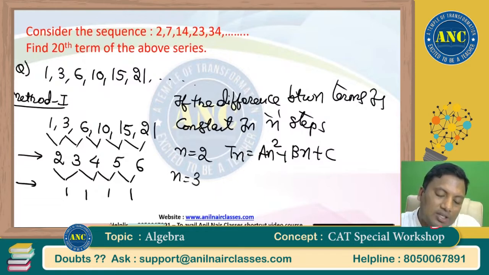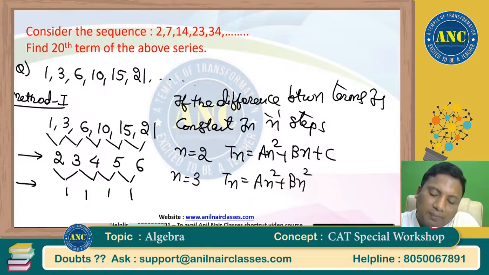If it is constant in 3 steps, Tn will be an cube plus bn square plus cn plus d. Very, very important key point.